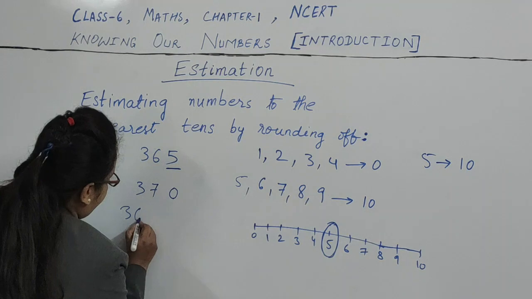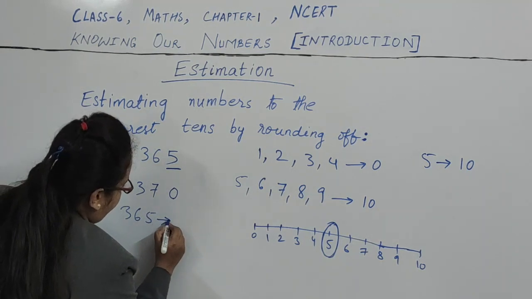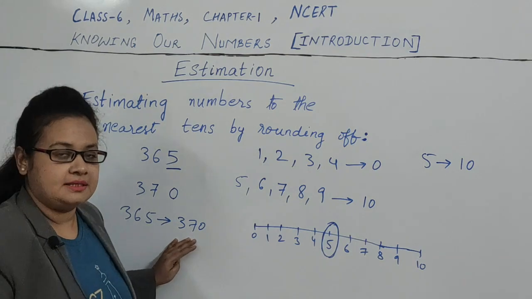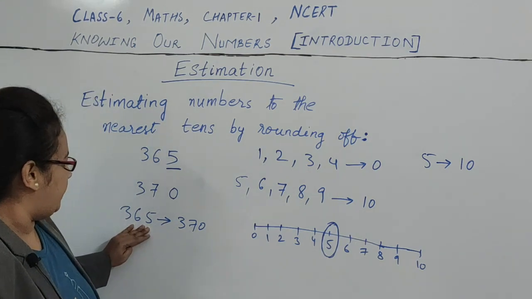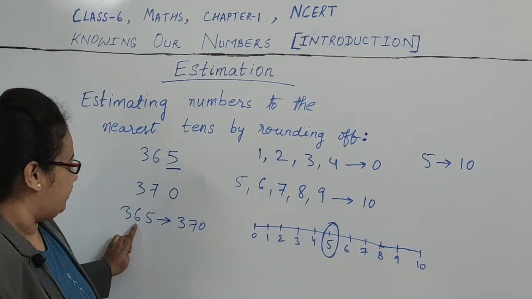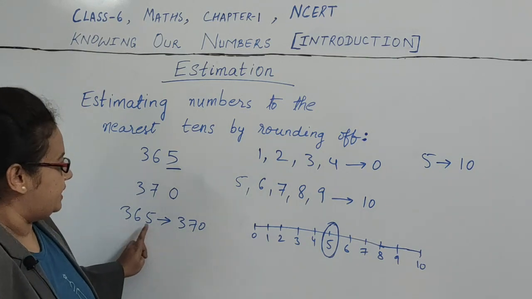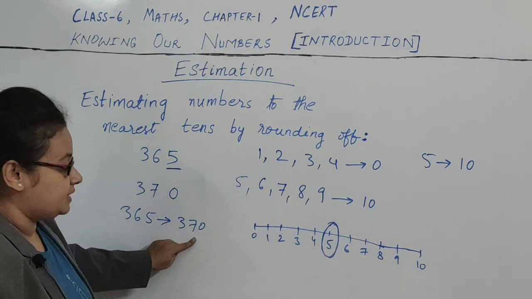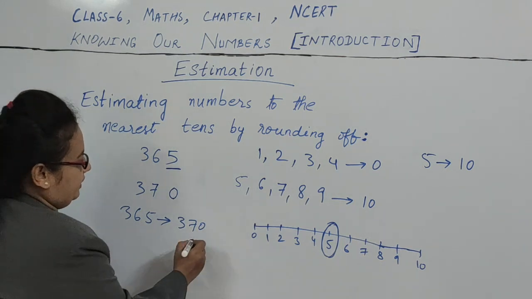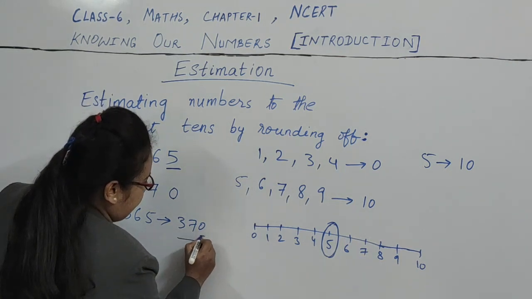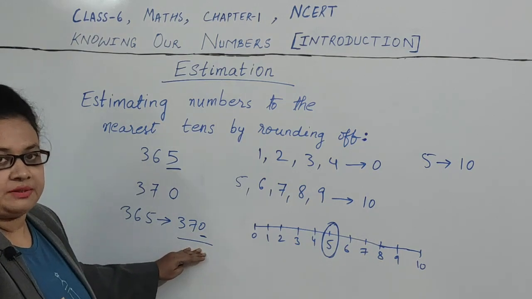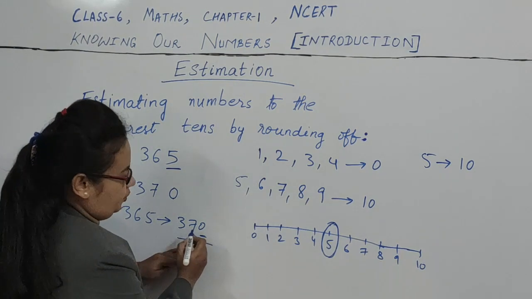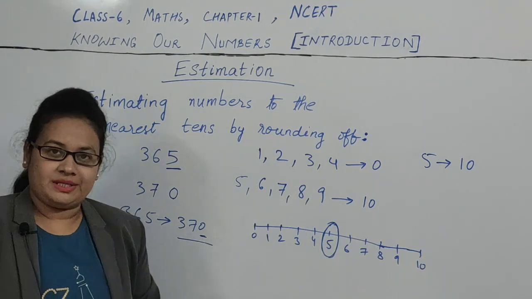So 365 will be rounded off to 370 to the nearest tens. See, when we round off a number to the nearest tens, the result we get is that 0 will come in the ones place. When we round off a number to the nearest tens, the ones digit becomes 0. Okay, so understood till here?